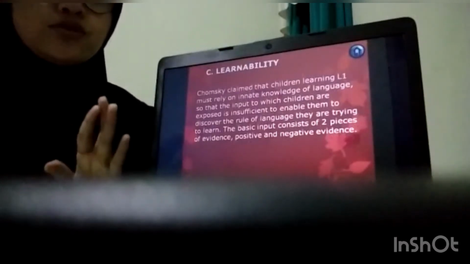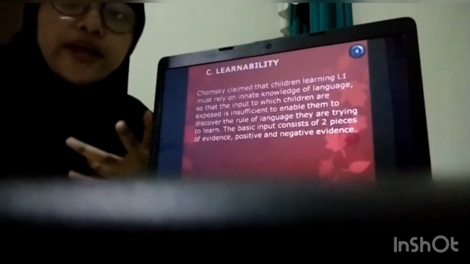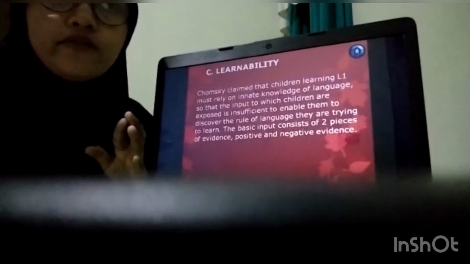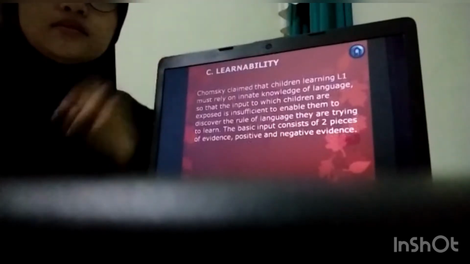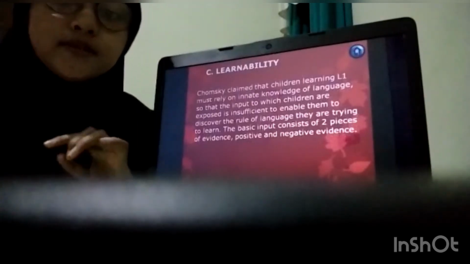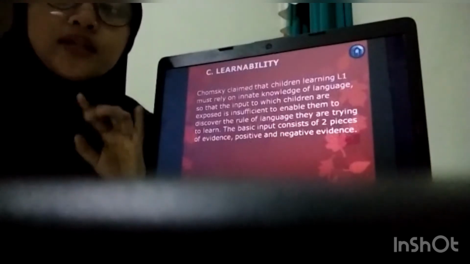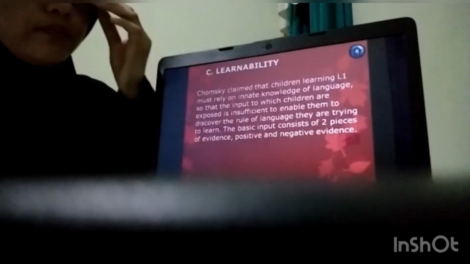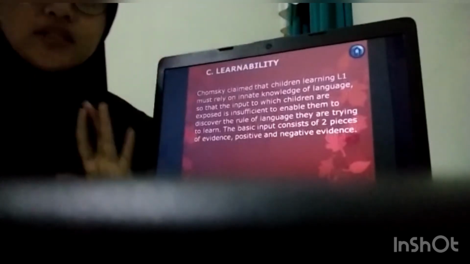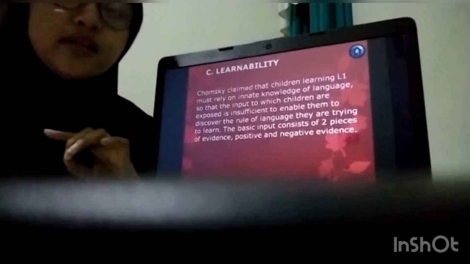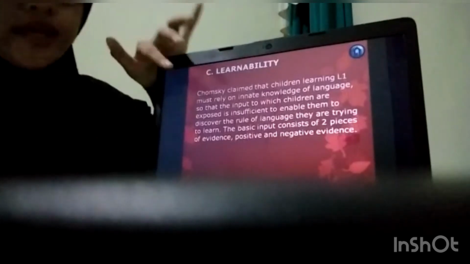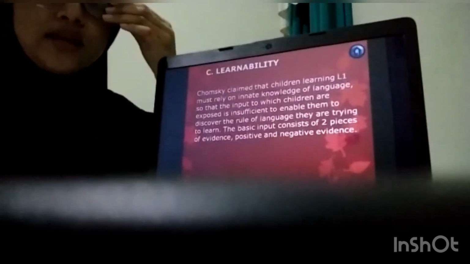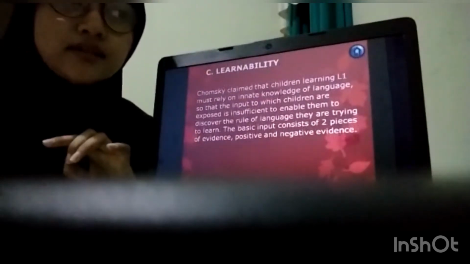The student must carry the language that they had when they were born, so they find it difficult to understand the new language. Positive evidence provides information about grammatical language, and negative evidence provides direct evidence of what is ungrammatical.